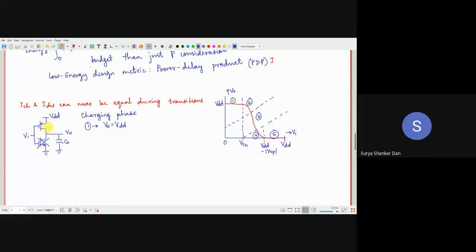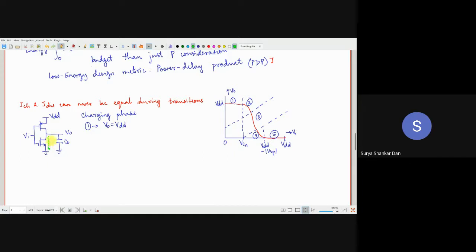So the PMOS is essentially going to charge up the CO. CO charges up to how much? VDD only, correct? But in reality, there is always some amount of current flowing because of the leakages. We will see leakages after a few classes.